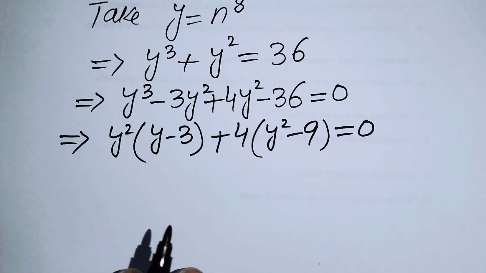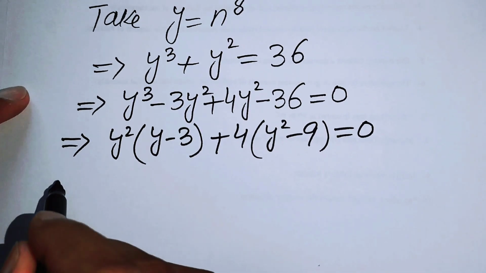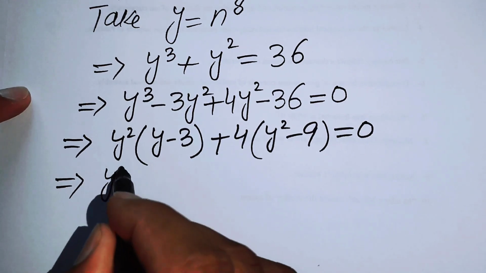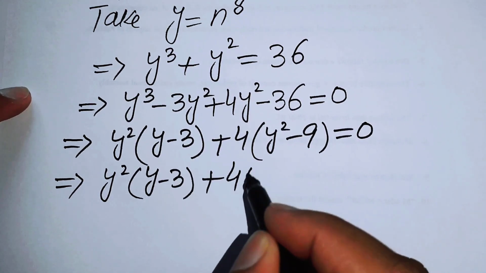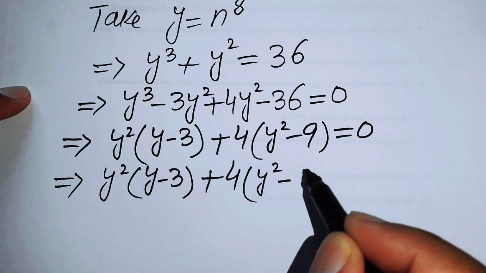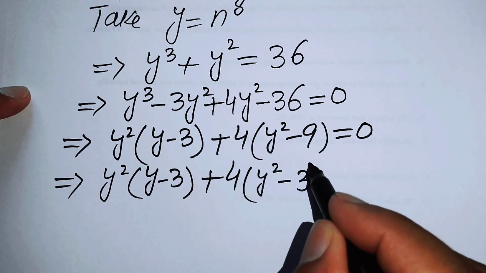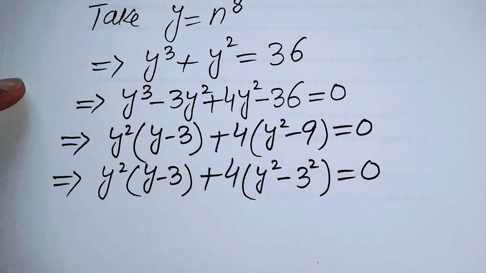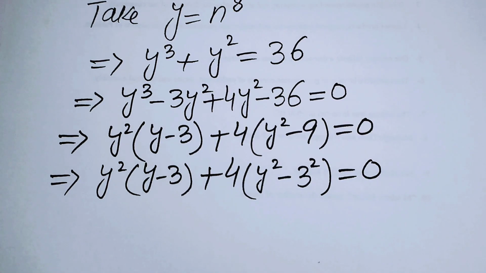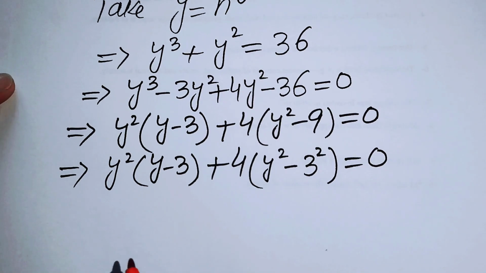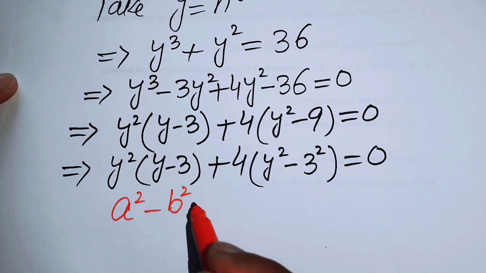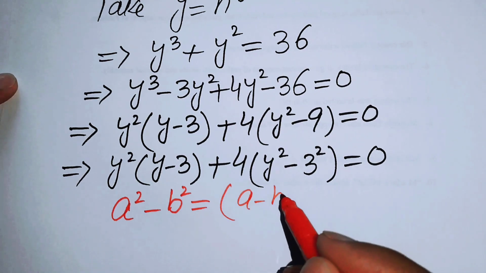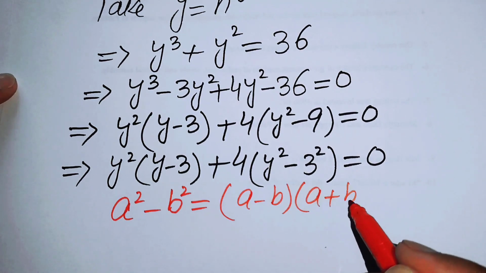So now we can simplify this term again, and rewrite it as y squared times y minus 3 plus 4 times y squared minus, we write this 9 as 3 squared, equals 0. Now you can notice that you have y squared minus 3 squared in this term, so I can use the square identity, which is a squared minus b squared equals a minus b times a plus b.